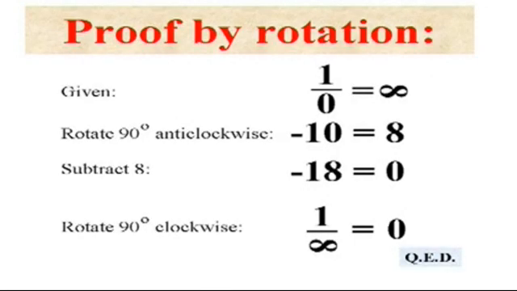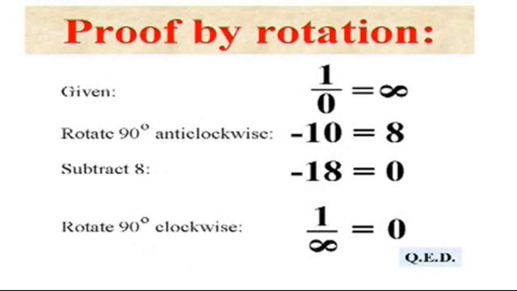And here's another example. It's a technique that was recently discovered. You write down a true equation, like 1 divided by 0 is infinity, and then you rotate the equation 90 degrees anti-clockwise, like so. Okay? And that gives you minus 10 equals 8.